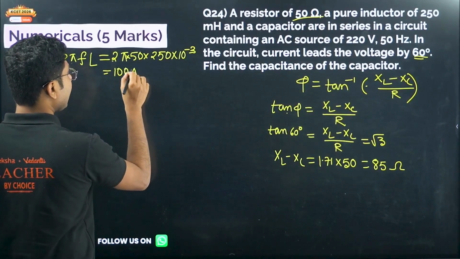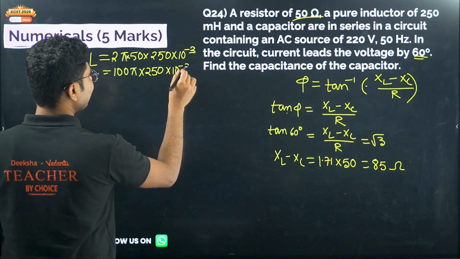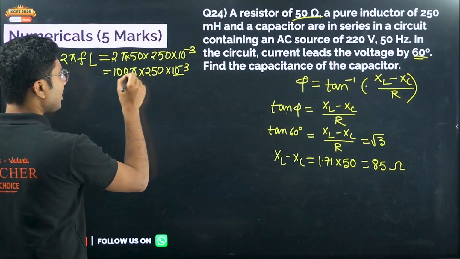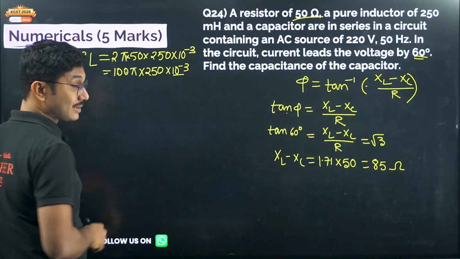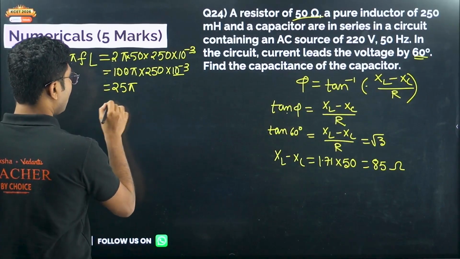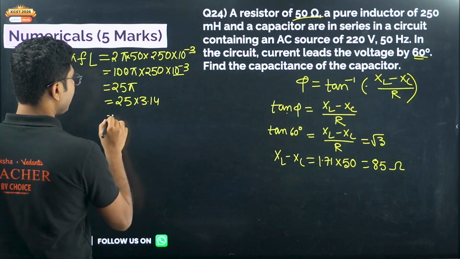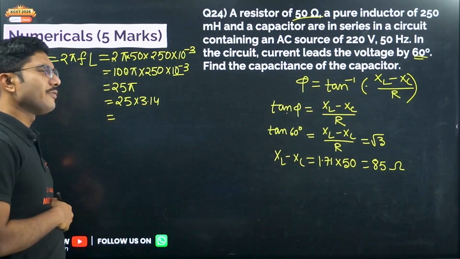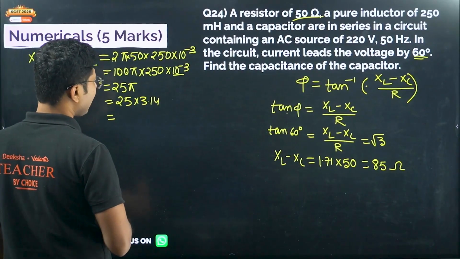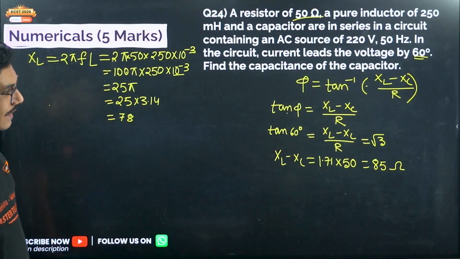So 100 pi into 250 into 10 to the power of minus 3. So what we got? 1, 2, 3 zeros, and 10 to the power of minus 3 cancels. So we get 25 pi or 25 into 3.14, which will be 78.5, approximately 78. So this will be approximately 78.